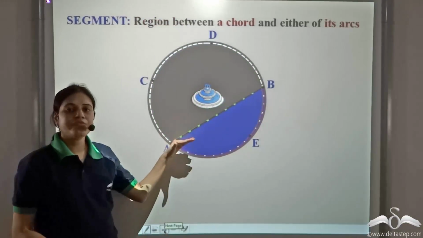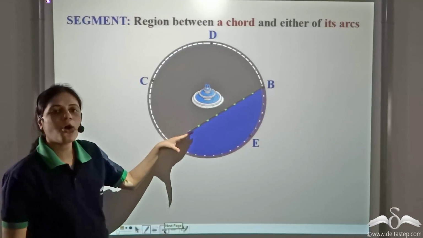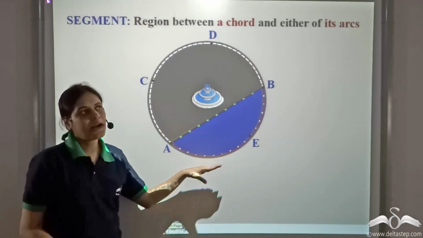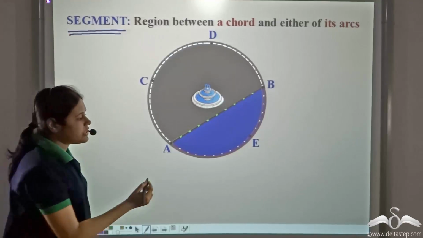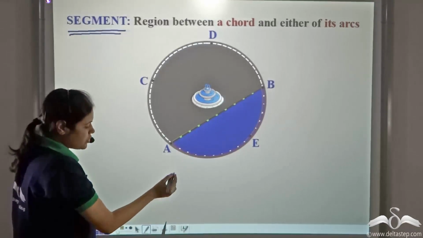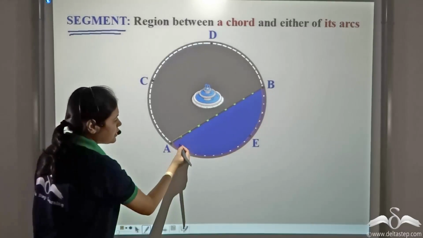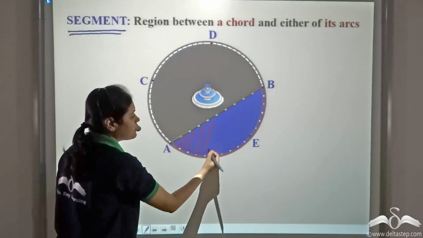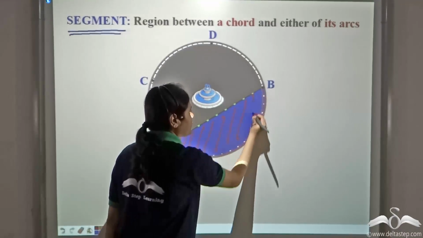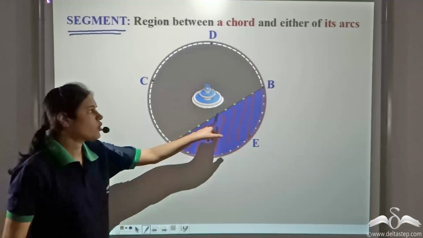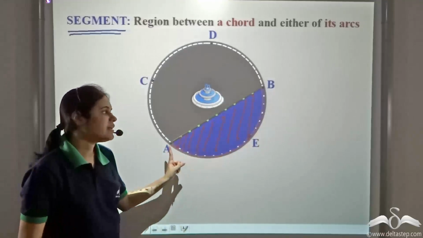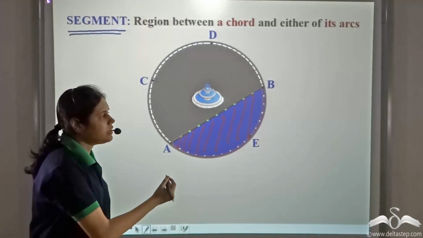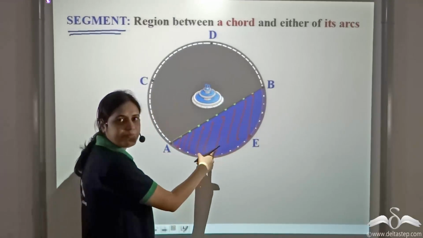Now, the region of a circle between a chord and an arc is called a segment. So this entire blue region which you can see, between the chord and arc AB, that is minor arc AB, is called a segment of a circle.